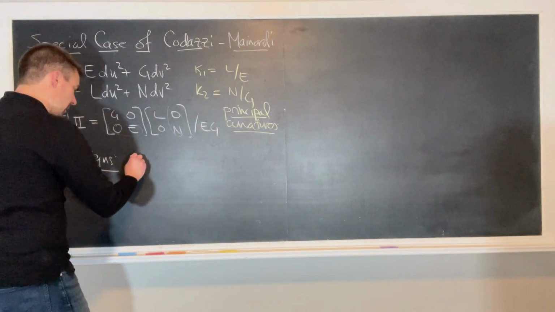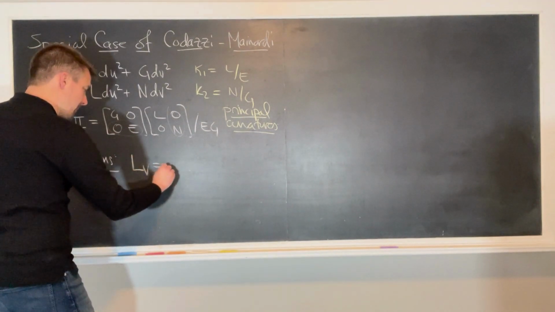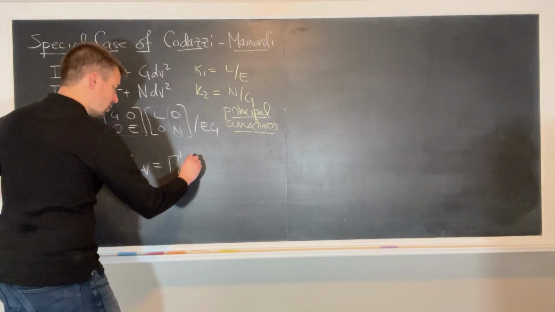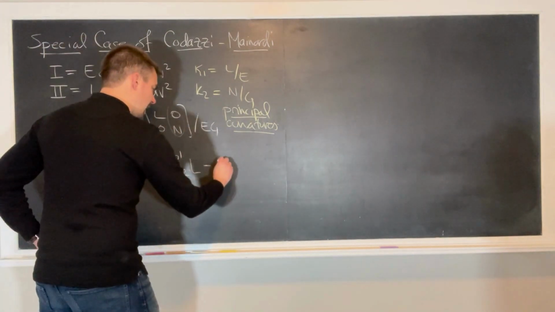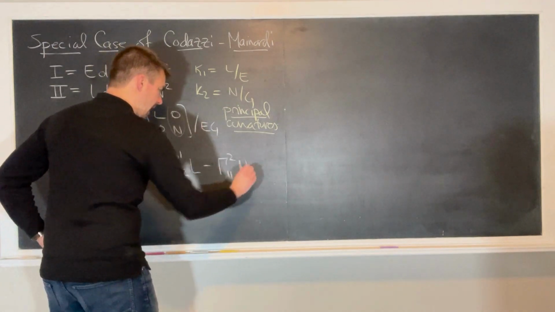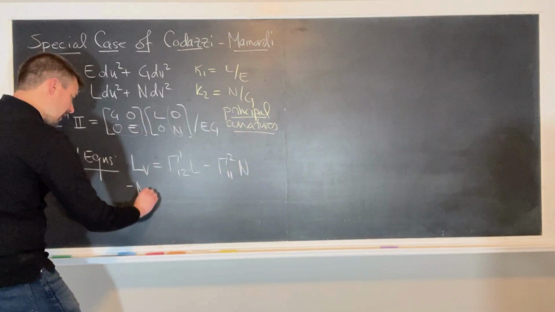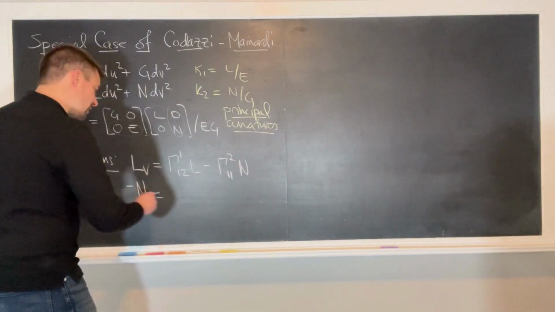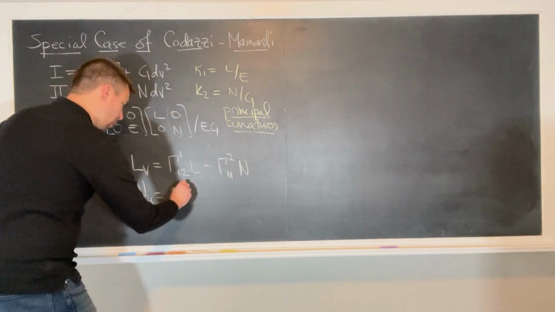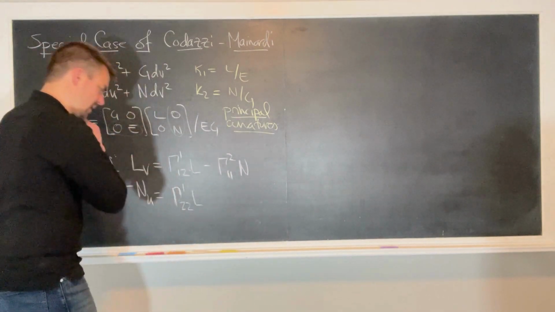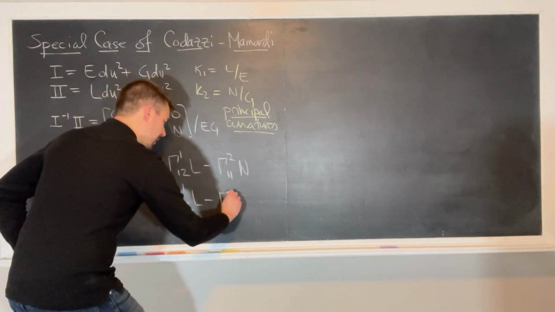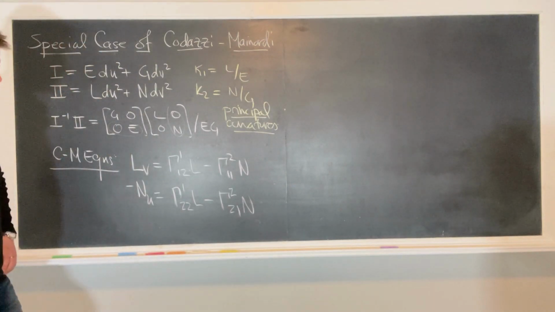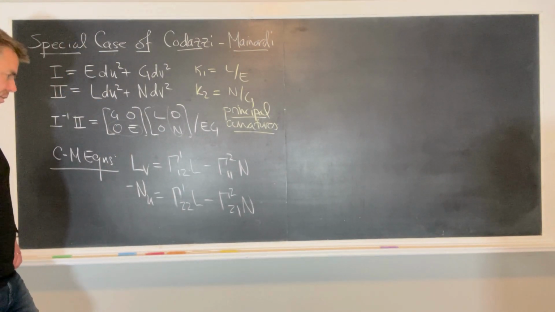L_v is going to be gamma 1,1^2 L minus gamma 2,1^1 N. And then negative N_u is going to be gamma 1,2^2 L minus gamma 2,2^1 N, like so. So that's what my Codazzi-Mainardi equations reduce to.